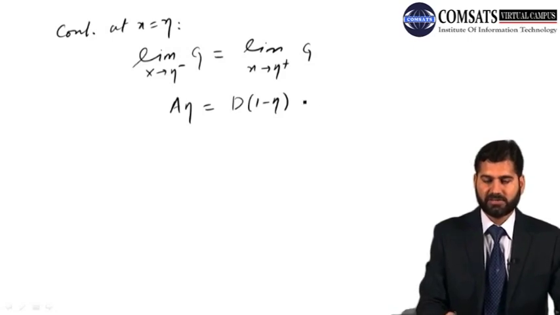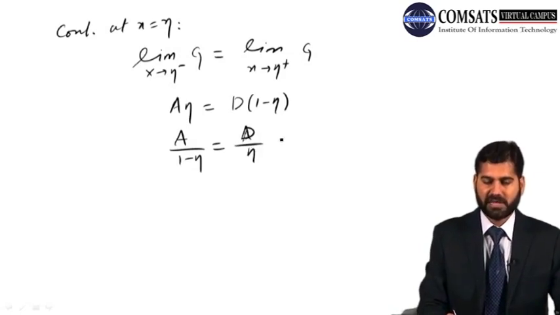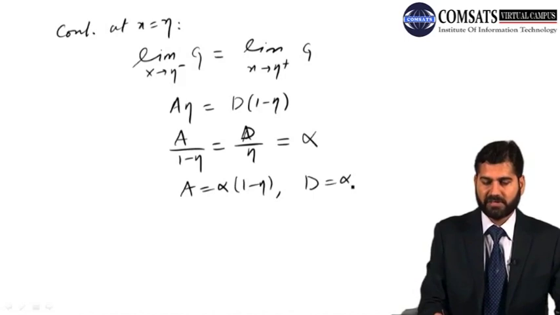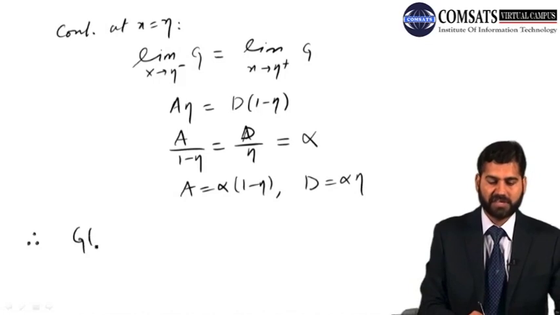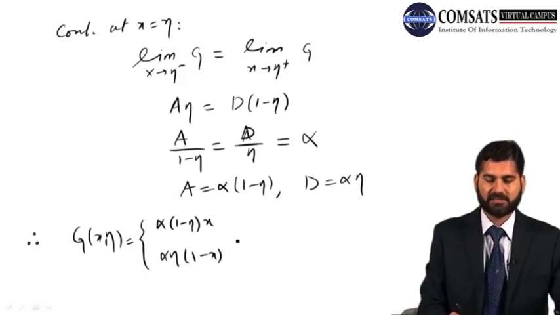Alright, so if you divide by 1 minus eta and divide by eta, this is what you are getting. So let's call it alpha. So A is equal to alpha(1 minus eta), and D is equal to alpha eta. Therefore your Green's function takes the form alpha(1 minus eta)x for x less than eta, and alpha eta(1 minus x) for x greater than eta. Alright, so this is what you got.